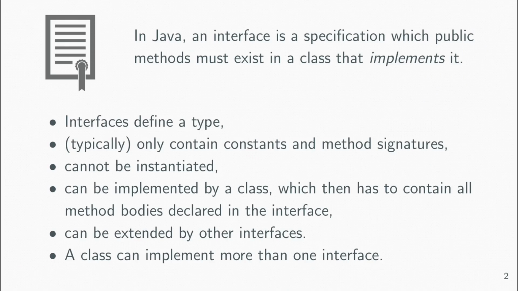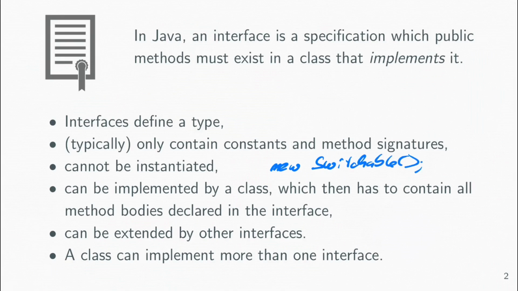An interface defines a type, and it typically only contains constant declarations as well as method signatures, not the method bodies. An interface cannot be instantiated, so you cannot do new Switchable, for example. That isn't possible for an interface called Switchable.